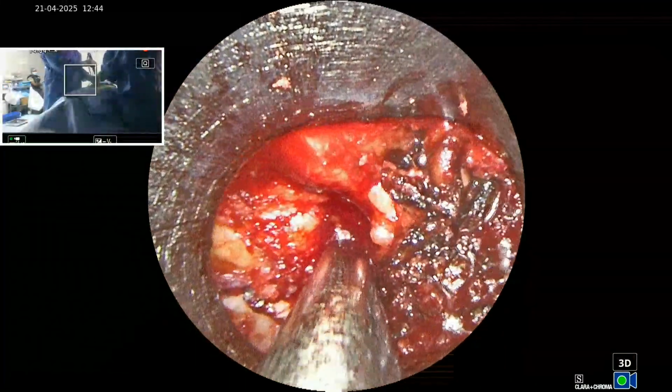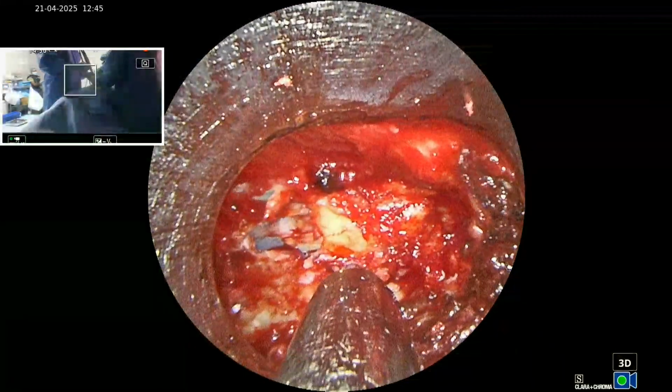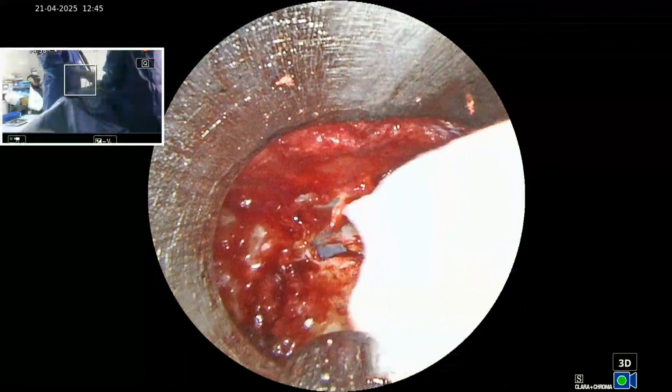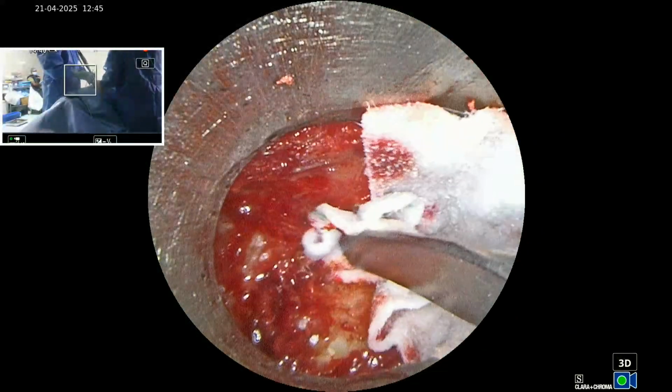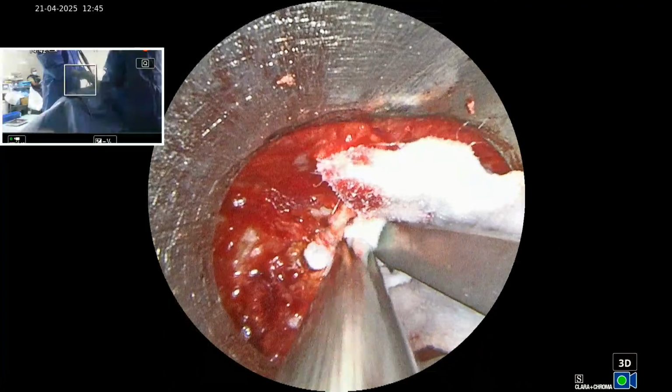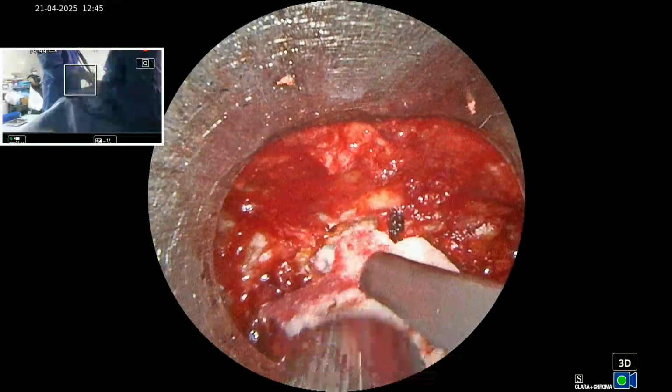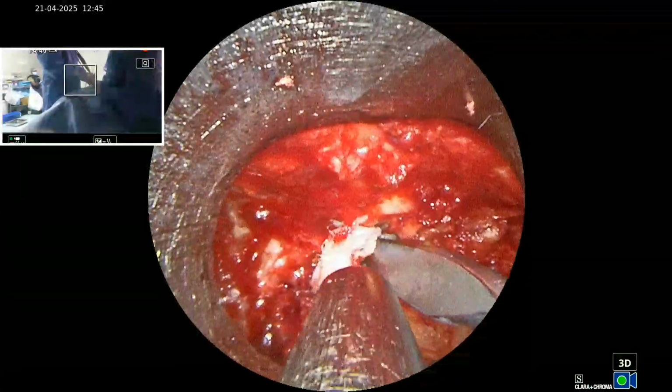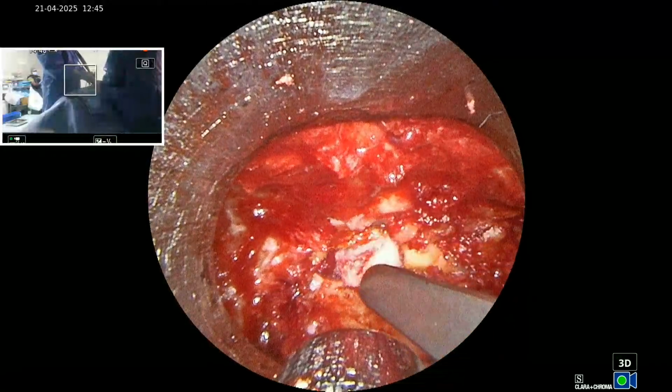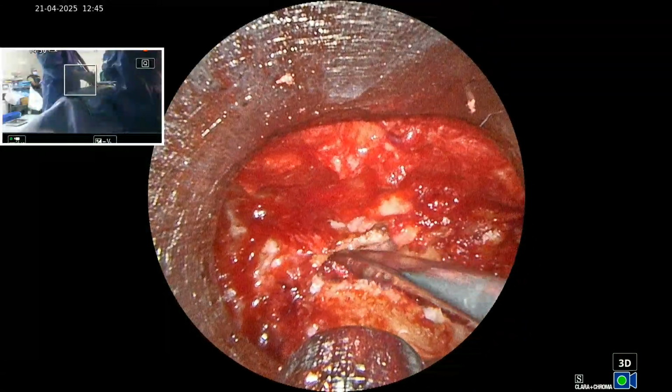Patty. To protect our dura, we'll put a patty. Then we'll proceed. Patty.